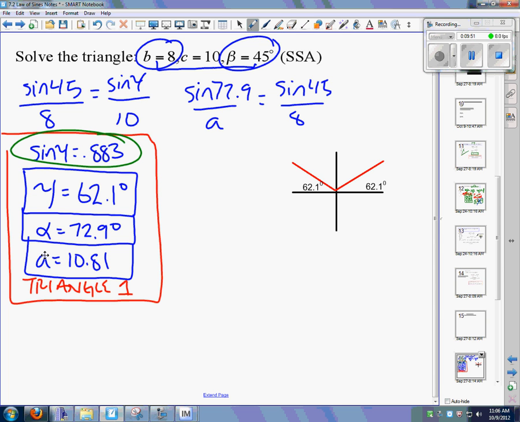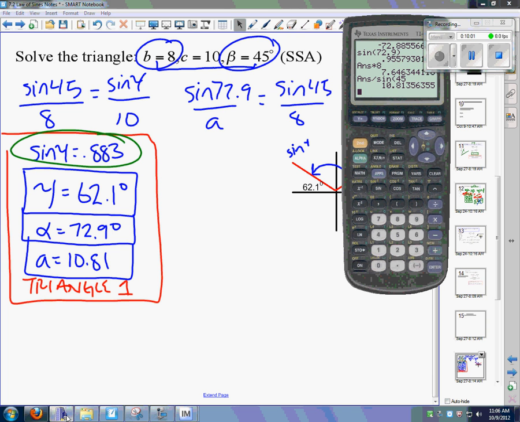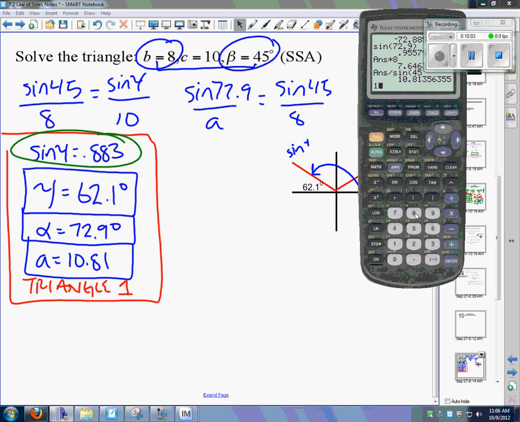Now the sine is also positive over in quadrant 2, with a reference angle of 62.1. It's the same place. So we want to figure out this huge angle right here. That would be 180 minus the 62.1, and it's 117.9.